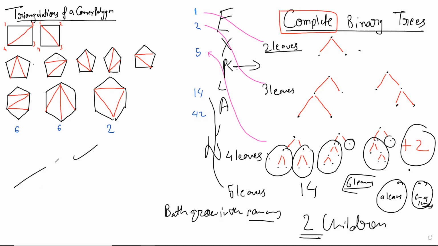Suppose you have a big polygon. Let's say again 10 sides, okay? Or 6 leaves. So 6 leaves will correspond to 8 sides, right?